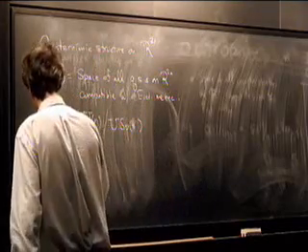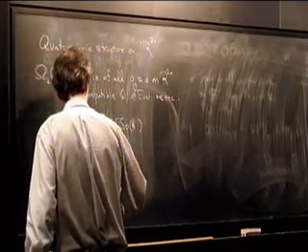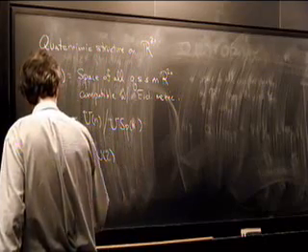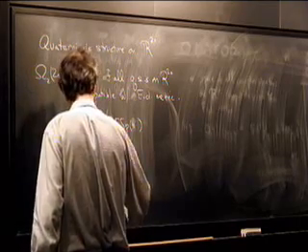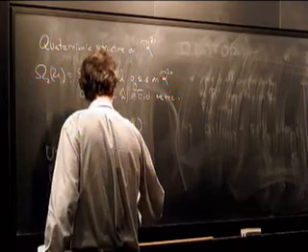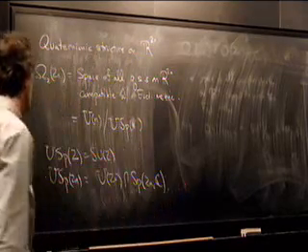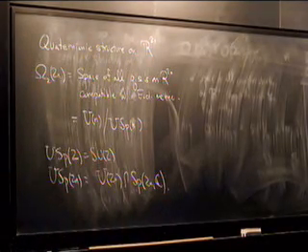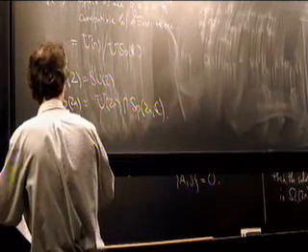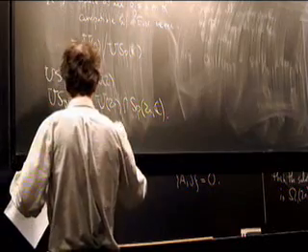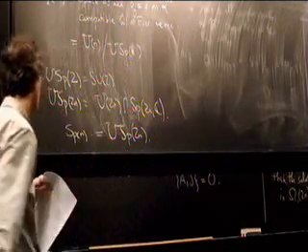So my convention is that USP of 2 is SU2. USP 2n is the intersection of U2n with SP2n C. Now, the other half of the world uses the definition that SPn is what I call USP2n, excuse me.